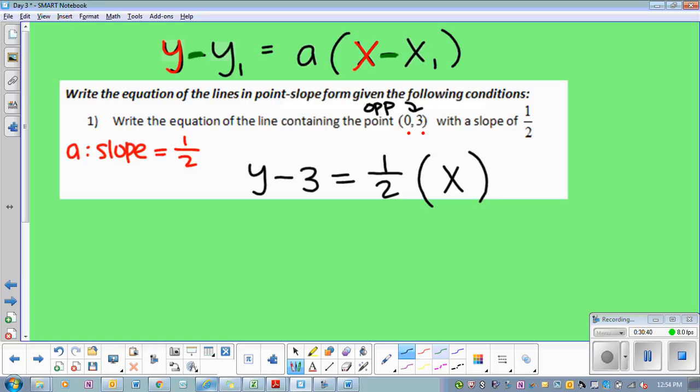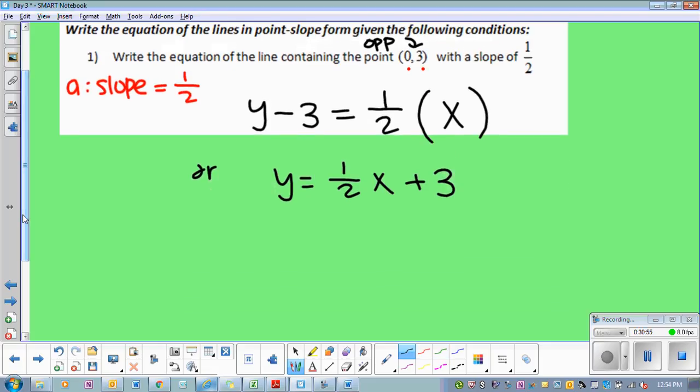So you could write it like this, or if you wanted to move this 3 over, you could write it like that as well. Okay? That's because I just added this guy over. All right? You can write it in either form. All right? It'll be fine. Just make sure you do it right. Questions?